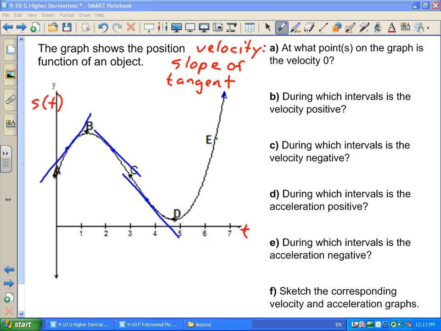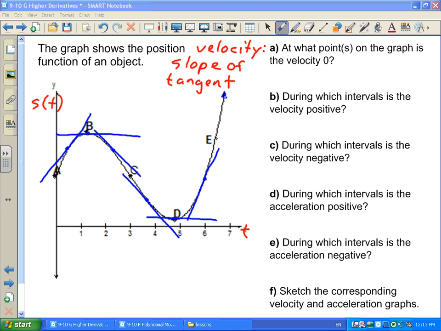And if I come over here between D and E and I draw my tangent, it's going to look something like this. Now, the two key points that I've skipped over here are B and D. What's the tangent going to look like at point B and at point D here, Austin? It's going to be horizontal, yeah.